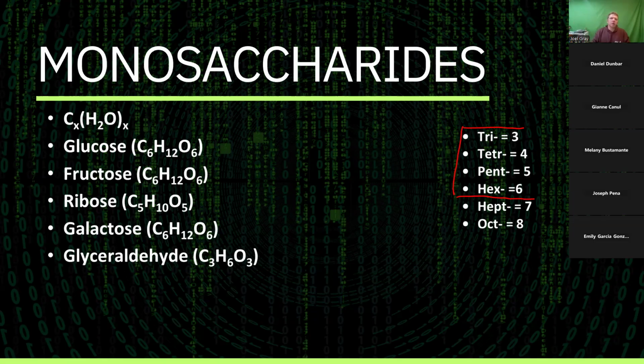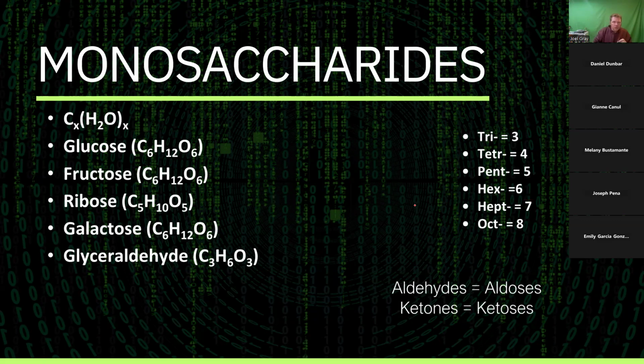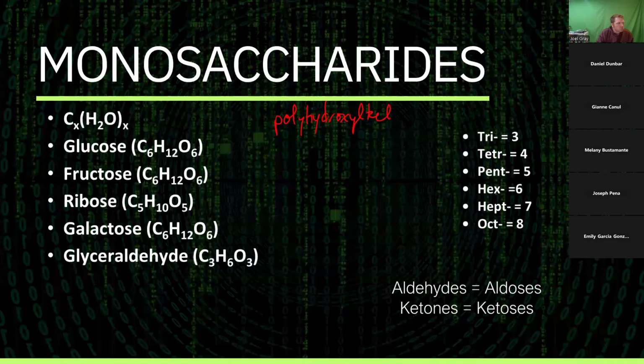Now, when it comes to monosaccharides, it's important to know 3 carbons to 6 carbons is your common range. The next important thing to know about a monosaccharide is, well, what functional groups are present? One of the terms that is commonly used is polyhydroxyl ketone or polyhydroxyl aldehyde.